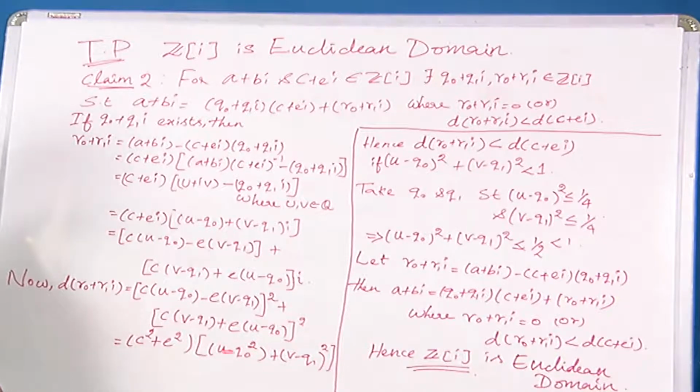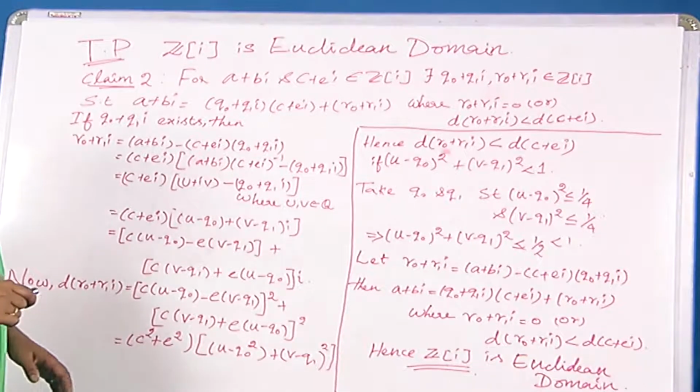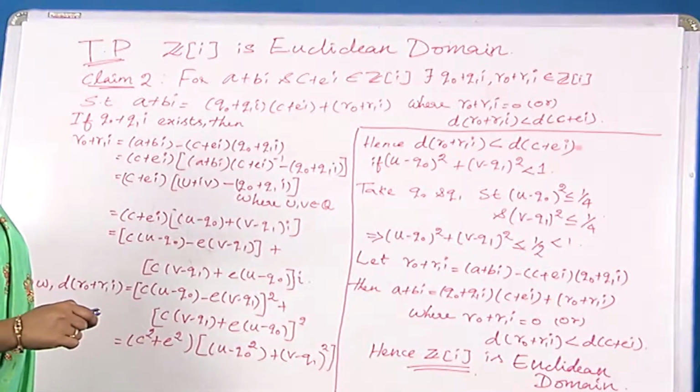How did we arrive at this? We just expanded. When you square everything, you put all the c squared terms together and all the e squared terms together, take them common outside, and then you arrive at this term. So from here we see that we are supposed to prove that d of r naught plus r1 I is less than d of c plus ei.